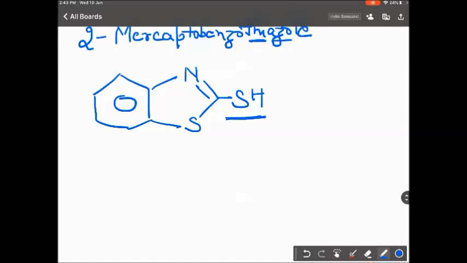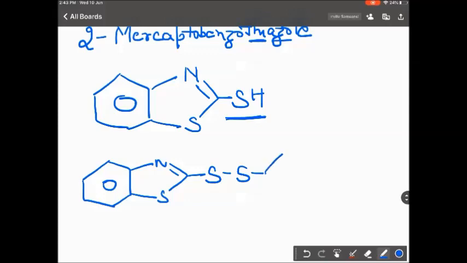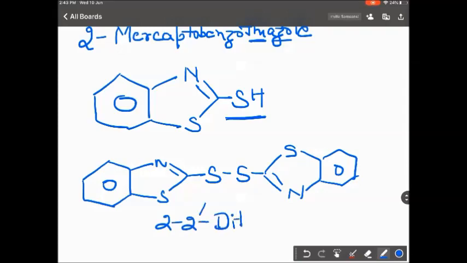We can make the dimer like this: sulfur, sulfur, then again another thiazole ring, and benzene ring. This compound is known as 2,2-dithiobis benzothiazole.